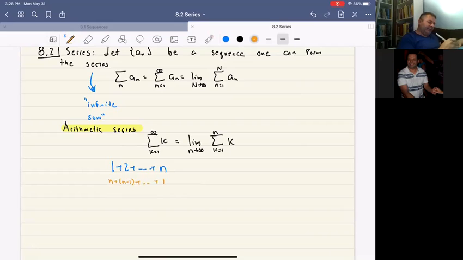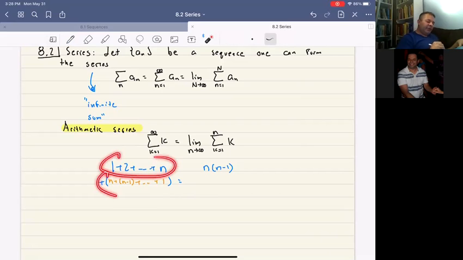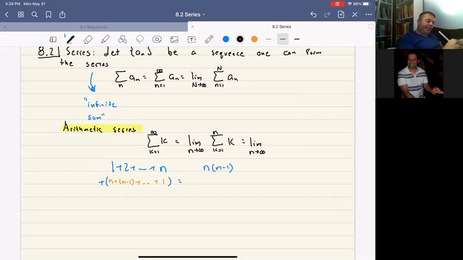So this is equal to n times n plus 1. Well, we have the summation here twice, so this sum is the limit as n goes to infinity of n times n plus 1 over 2. That actually is interesting, but now we're getting to the uninteresting part, because as n goes to infinity, this is going to go to infinity.